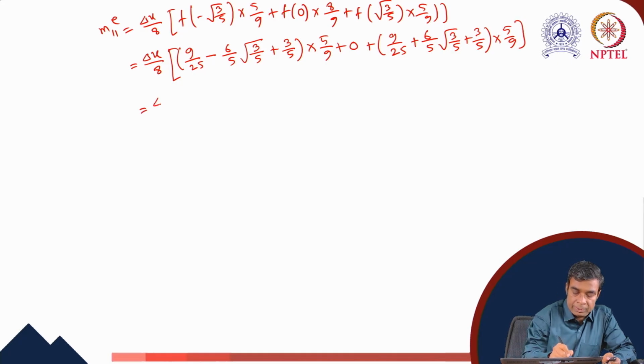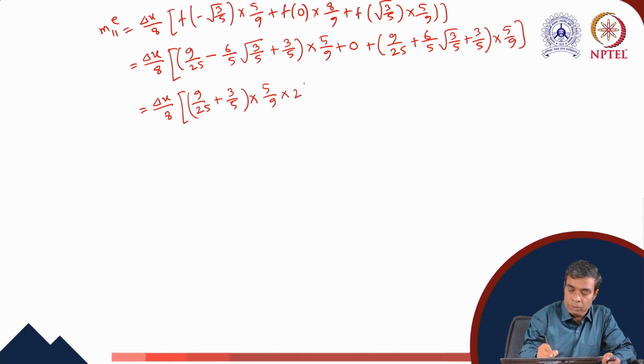This gives us delta x by 8 into 9 by 25 plus 3 by 5 into 5 by 9 into 2, because this 6 by 5 into square root of 3 by 5 cancels from both sides.